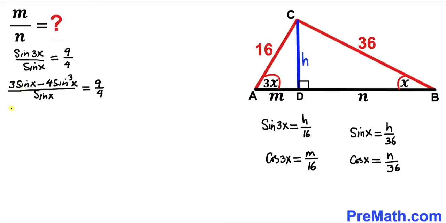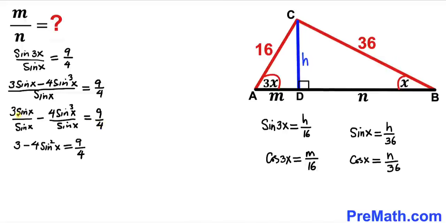Now we can write the left hand side as 3 sine of x divided by sine of x, minus 4 times sine cubed of x divided by sine of x, equals 9 divided by 4.